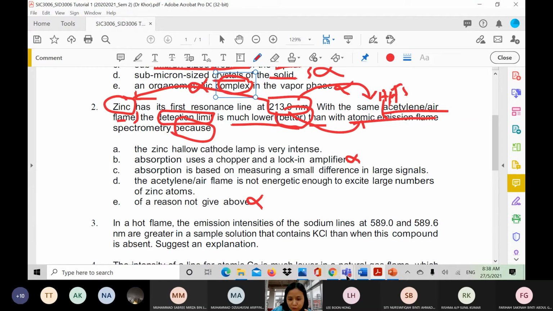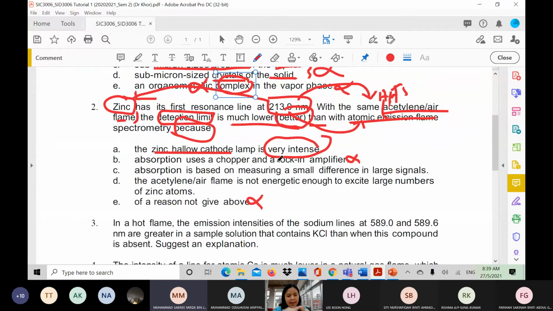So just now, the first student, she answered that she picked A, right? Why she picked A? She said that the zinc hollow cathode lamp is very intense. So, is it intense? Intense means very high energy, right? Most of the time, because this is a comparison between AAS and AES, right?